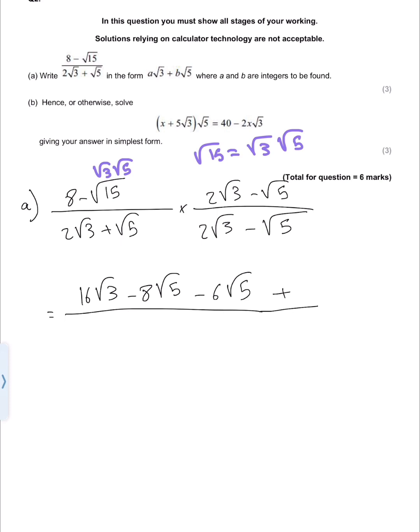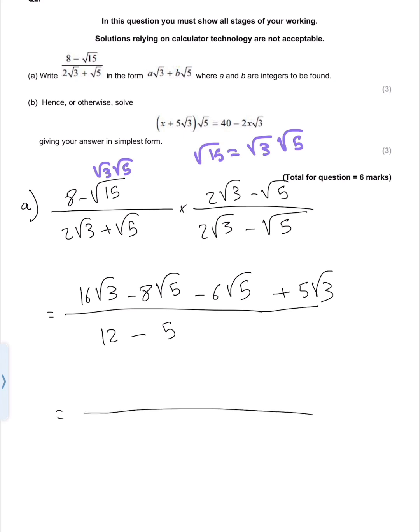Root 3 root 5 by root 5 is just 5 root 3, and then here it's a plus b into a minus b, which is the difference of two squares. So the square of the first term, the square of 2 root 3, is 12, minus the square of root 5, which is 5. And then we collect like terms.